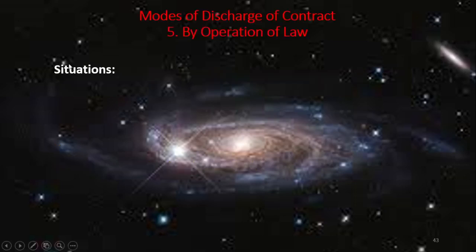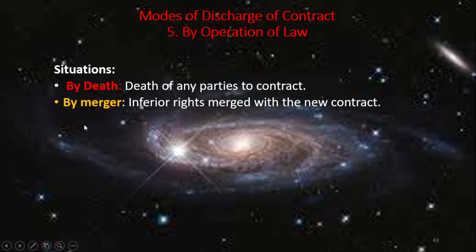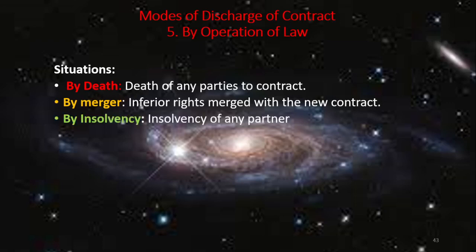And the fifth situation, by operation of law. In some situations, law states that the contract has been discharged. In that, by death of a party to contract. The second one, by merger, by merging inferior rights with the superior rights, the law states the contract will be discharged. The third one, by insolvency of any one party to the contract, and by unauthorized changes in the terms of contract.